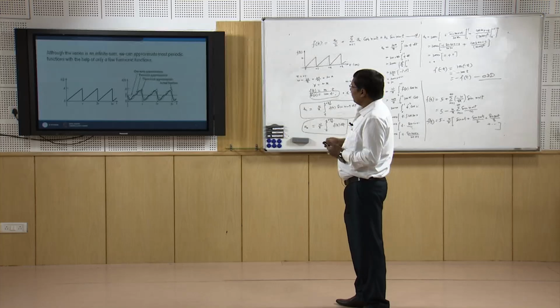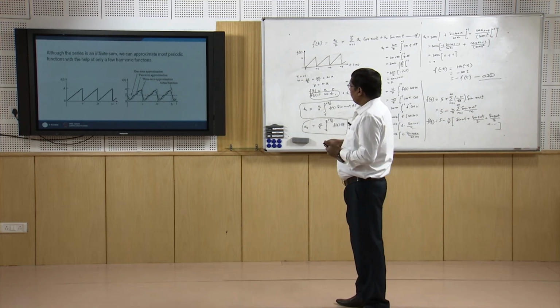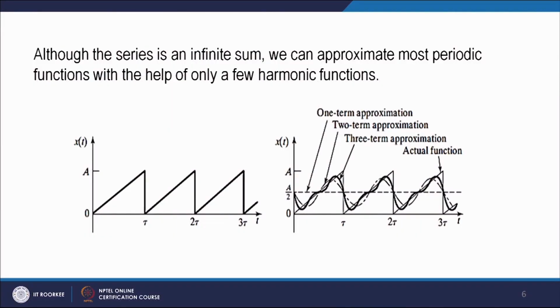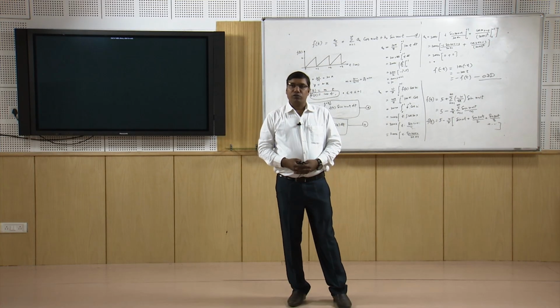So we can see here the one term approximation, that is purely the constant term a0 by 2, that is here 10 by 2, so 5, and then the two term approximation adds some sine terms that are negative because there is a negative sign, and so the first sine term, then 2 terms, 3 terms, and they are going to result in the actual periodic signal. Thank you for your attention, and see you in the next lecture.